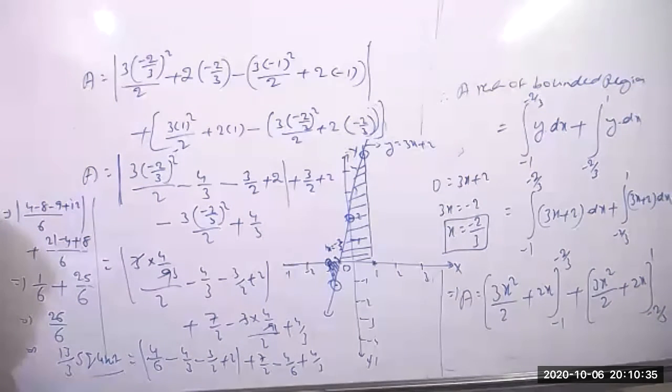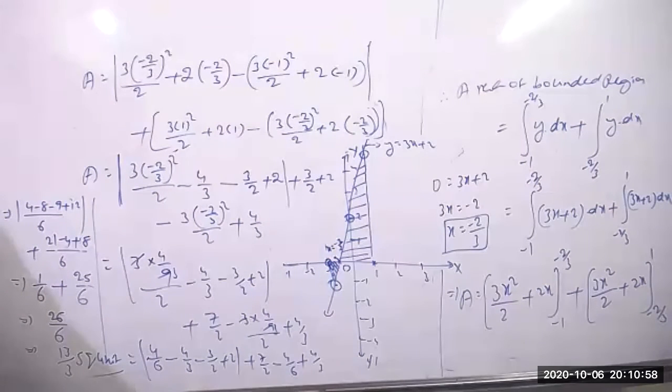So how many more topics are left in this chapter, sir? Then area of the triangle, we have to find one thing. After area of the triangle, if they give a cubic polynomial or trigonometric functions, then how to find the bounded region? That is one more concept.